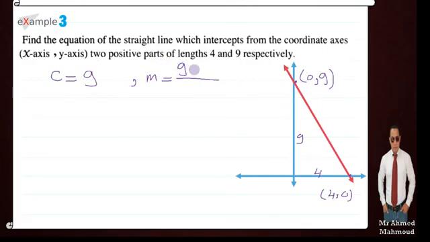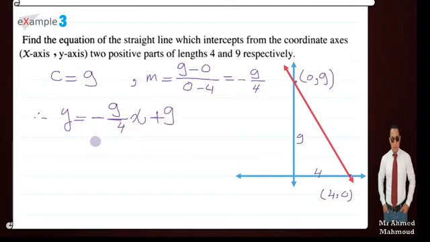Then it will be 9 minus 0 over 0 minus 4 equals negative 9 over 4. Now I have c and I have m. Therefore y equals negative 9 over 4 x plus 9. This is the equation of the straight line.